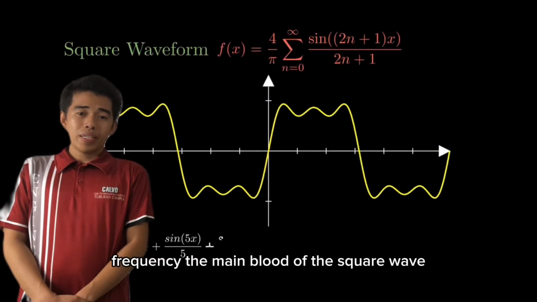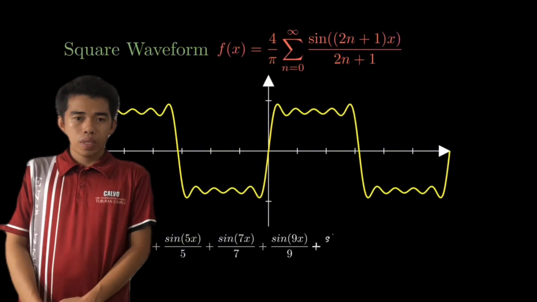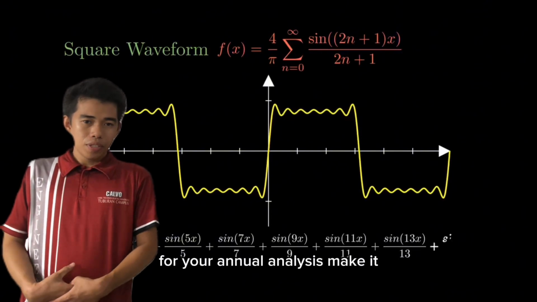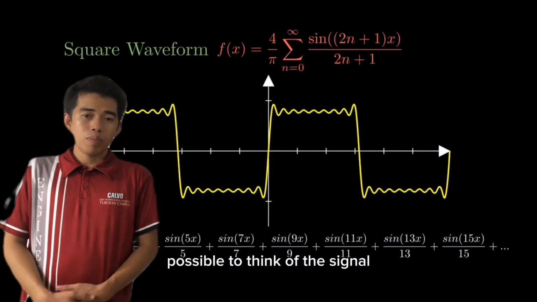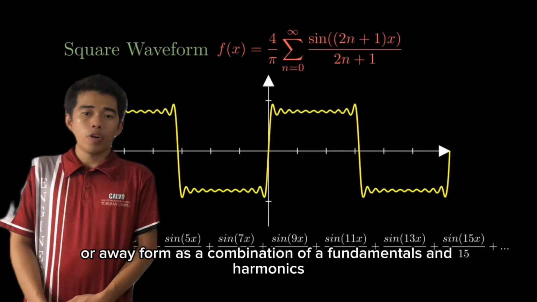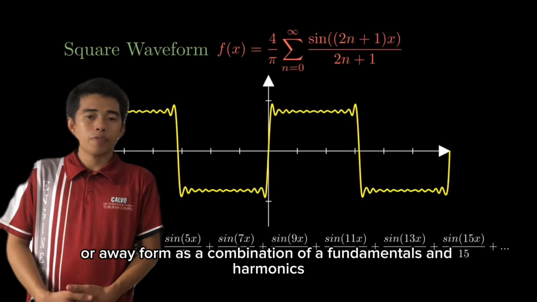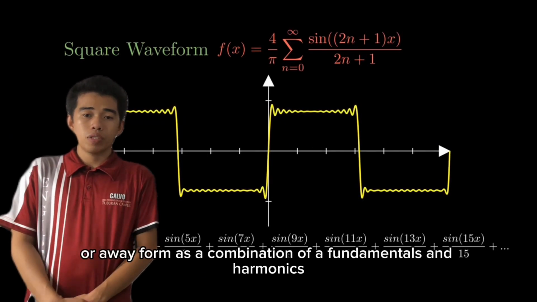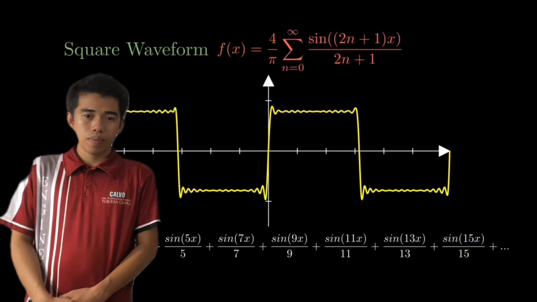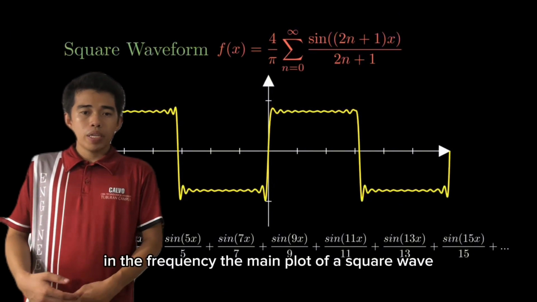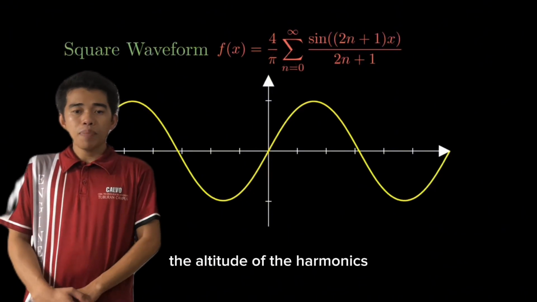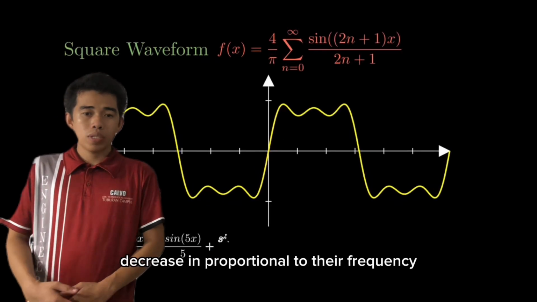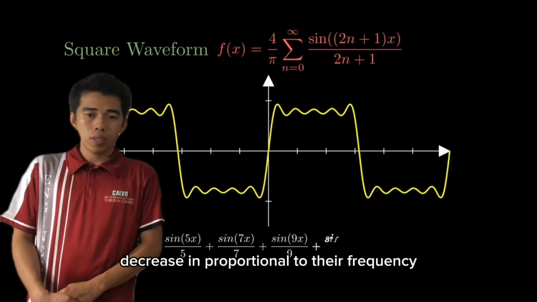Frequency domain plot of the square wave. Fourier analysis makes it possible to think of a signal or a waveform as a combination of fundamentals and harmonics of different amplitude. In the frequency domain plot of a square wave, the amplitude of the harmonics decreases in proportion to their frequency.